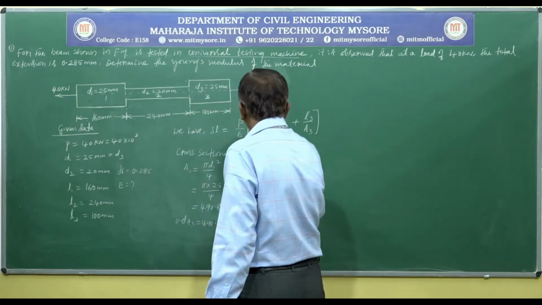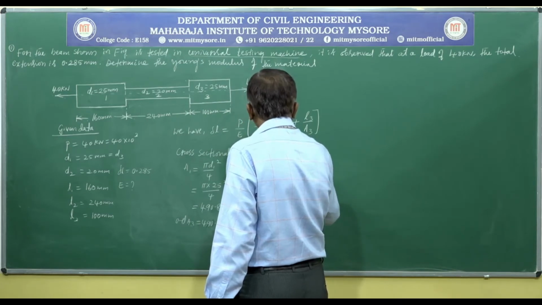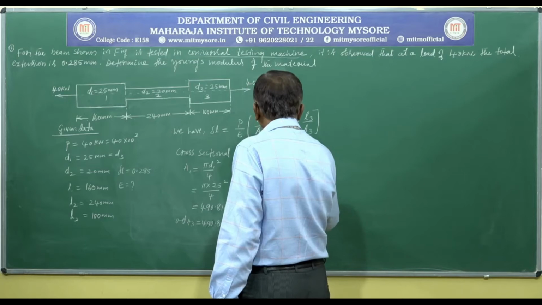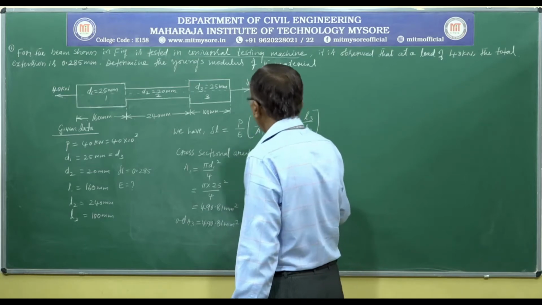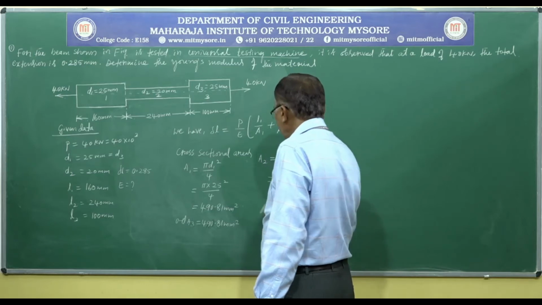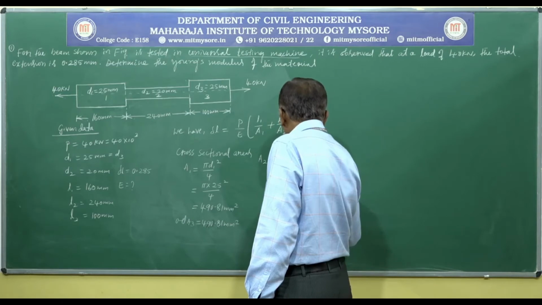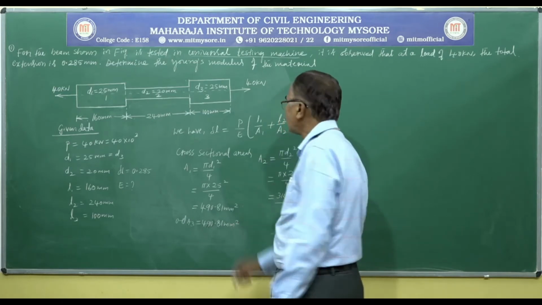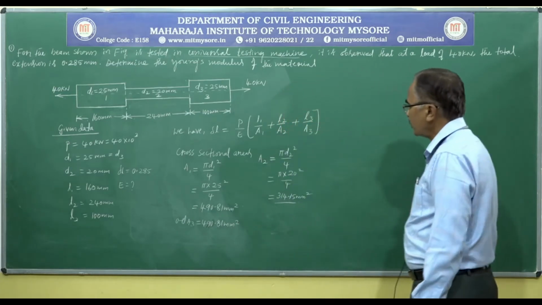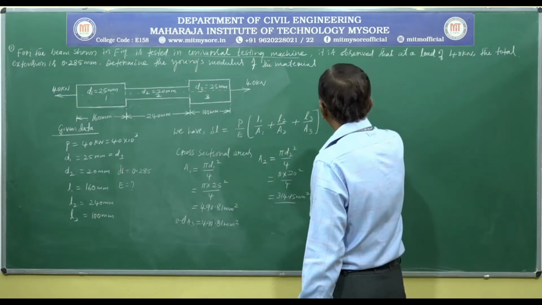Then A2 is equal to pi d2 square divided by 4, that is equal to pi into 20 square divided by 4, that is equal to 314.15 millimeter square. Substitute these values in this equation, you will get Young's modulus.